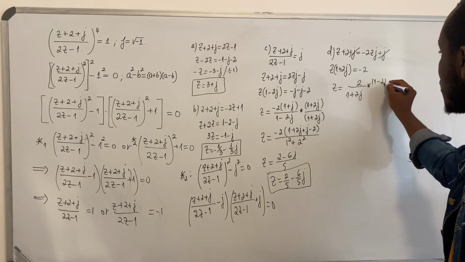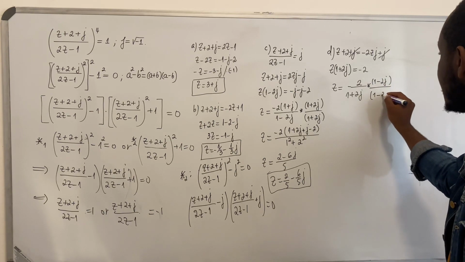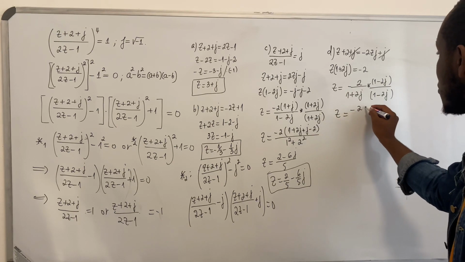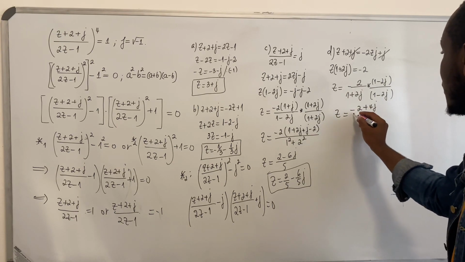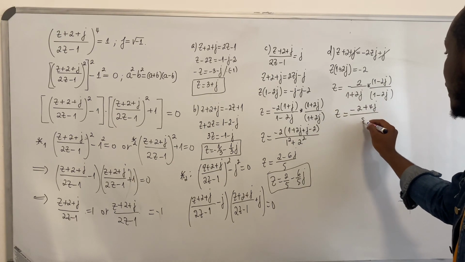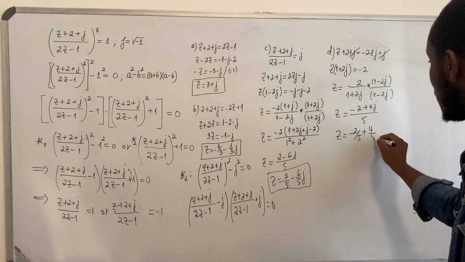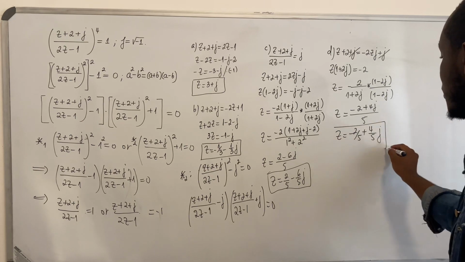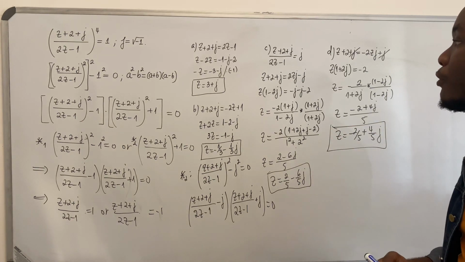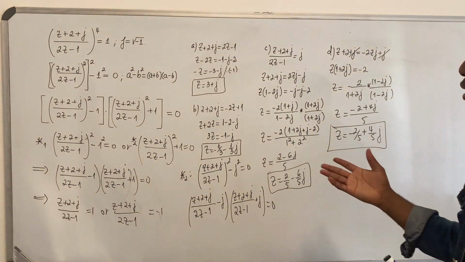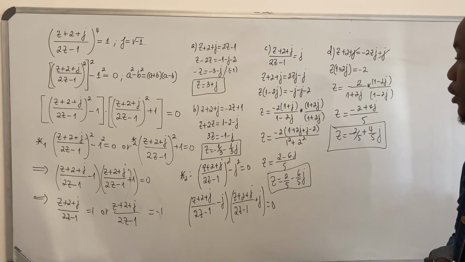Multiplying by 1 minus 2j, we have z equal to minus 2 plus 4j over 5. z will be minus 2 over 5 plus 4 over 5j. So that's the fourth value of z. And since the highest degree of our equation is 4, it makes sense having 4 roots for z.